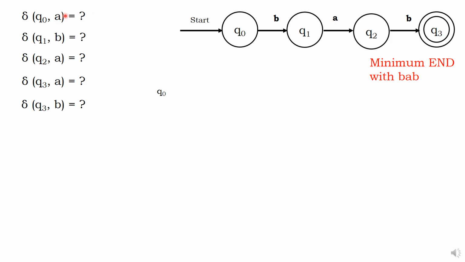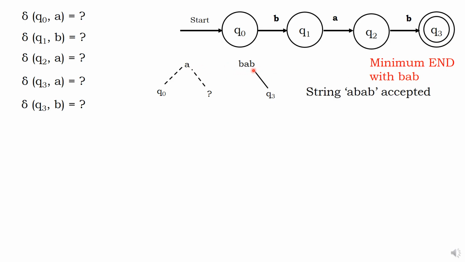So for Q0, dotted line, A, what happened? Who is before Q0? Nothing is there. Who is after Q0? BAB. After BAB, who is here? Q3. Now, what is the whole string, A, BAB? Is it ending with BAB?